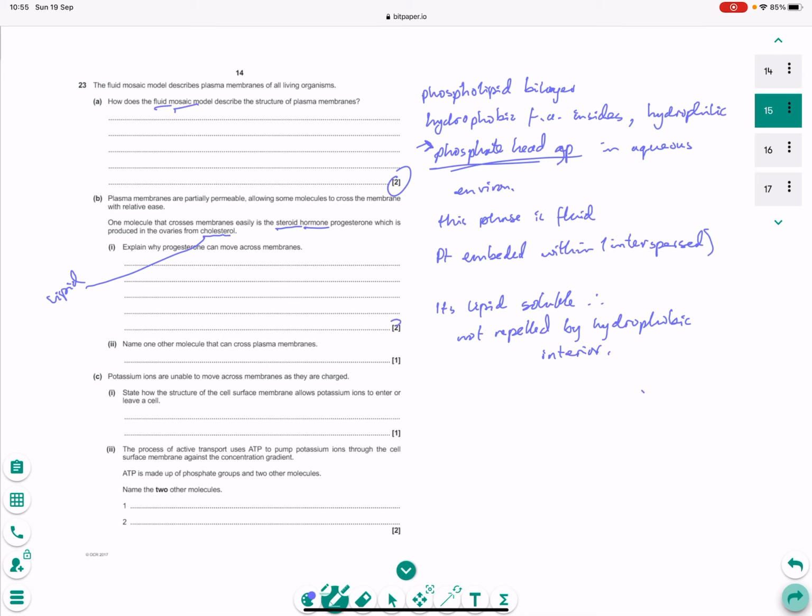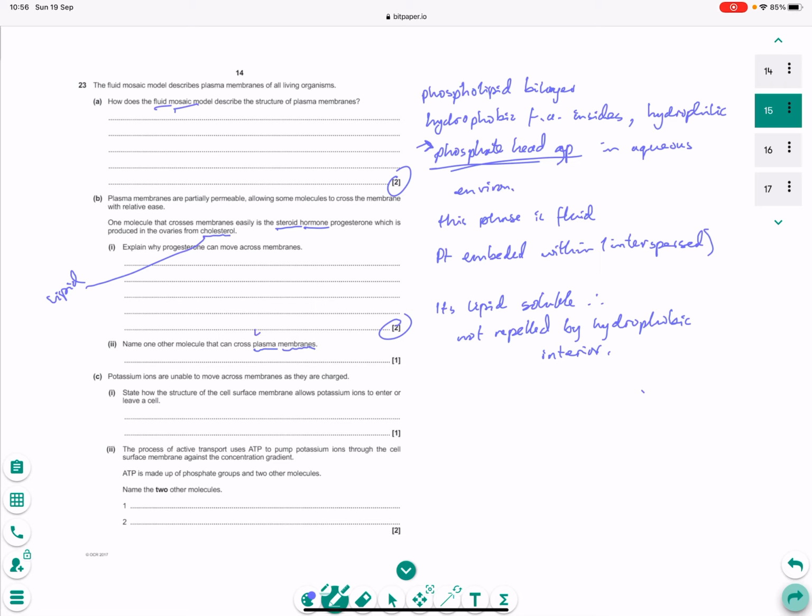That's those 2 marks. I did have a quick scan of the mark scheme. Name one other molecule that can cross plasma membranes. Badly written again. I think what they mean here, and I know from the mark scheme, is that it's not going to go through a protein channel, although that question doesn't explicitly state that.